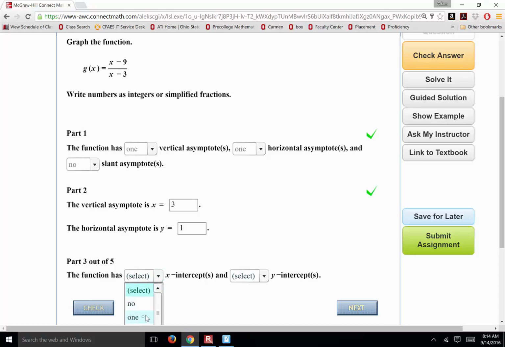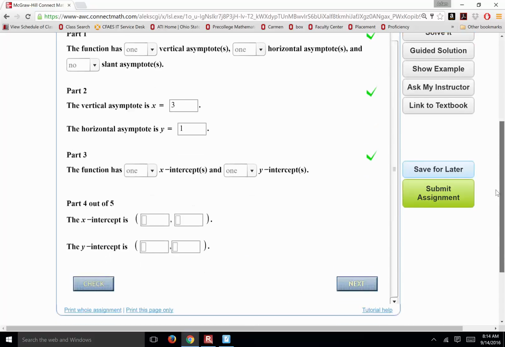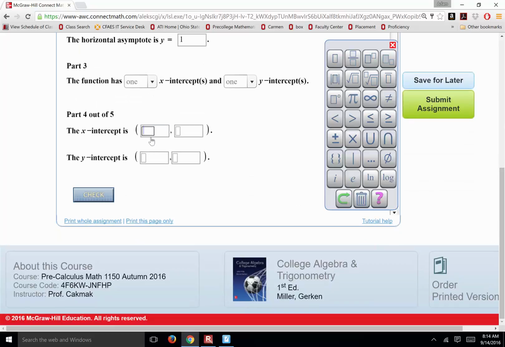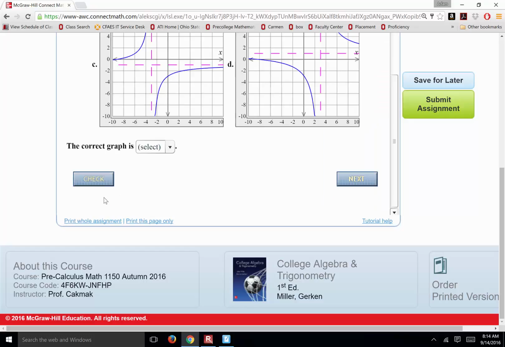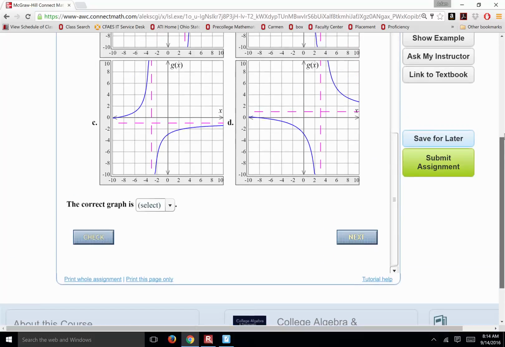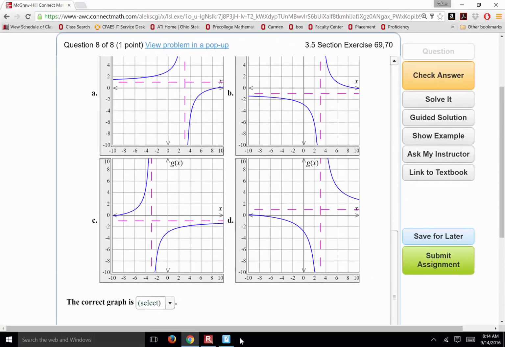We found one x-intercept, right? And one y-intercept. X-intercept was, what was it, 9? And voila, we need to pick the right picture.